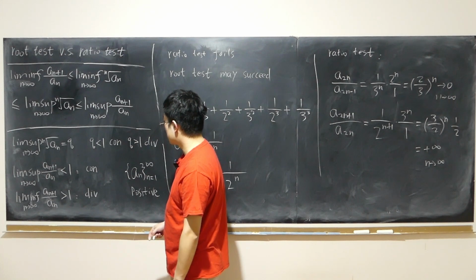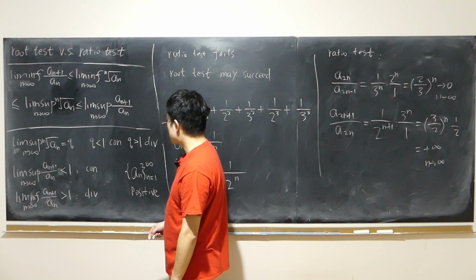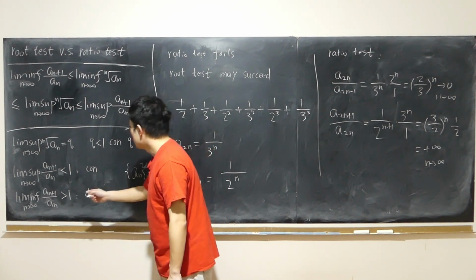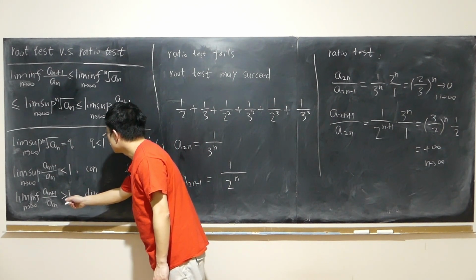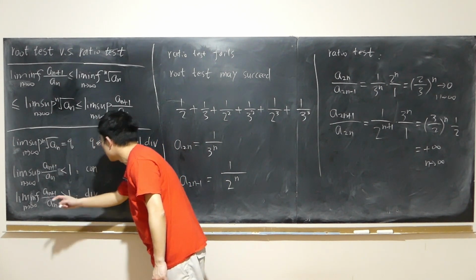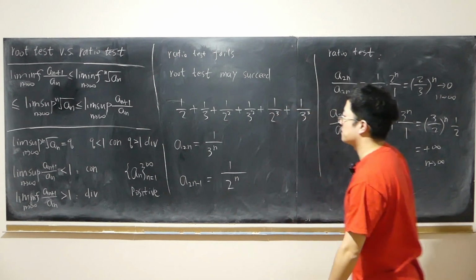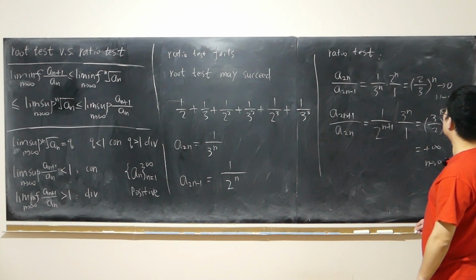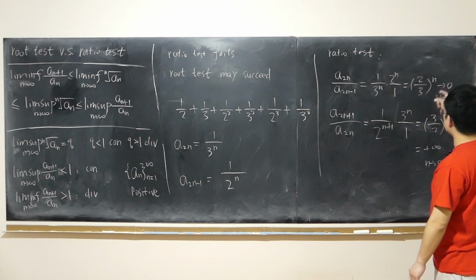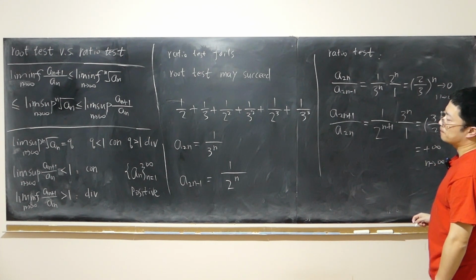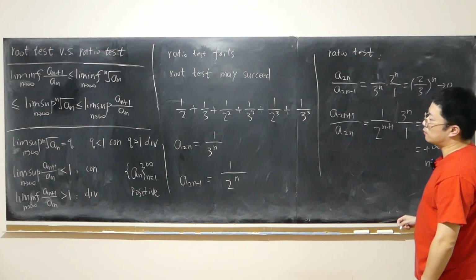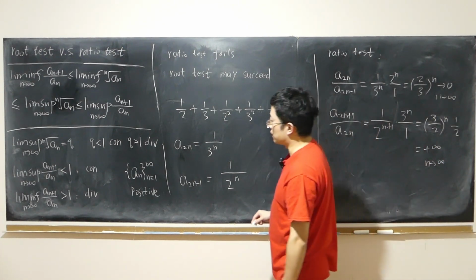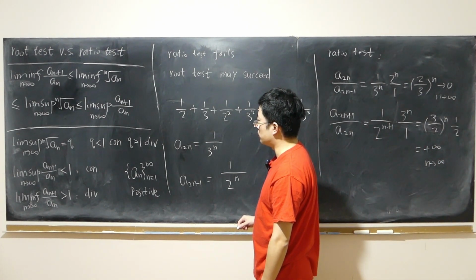Definitely not convergent. But if the lim inf is bigger than 1, it's divergent. Can we show lim inf is bigger than 1? No. Lim inf is 0, it's not bigger than 1. So there's no way we can tell if it's divergent.